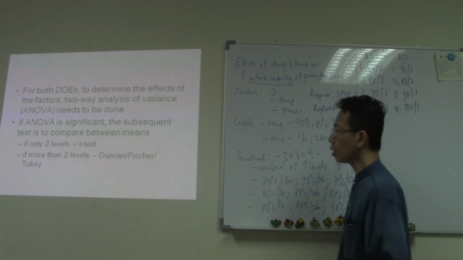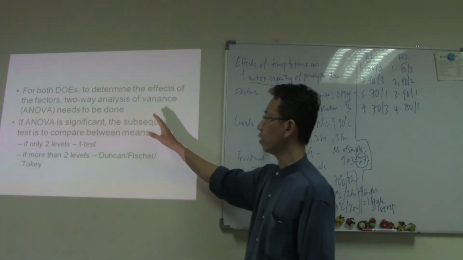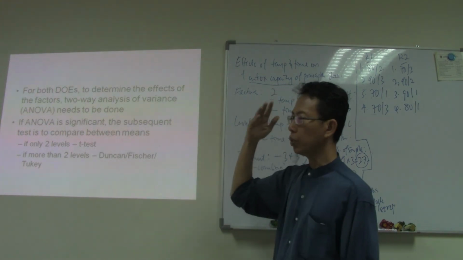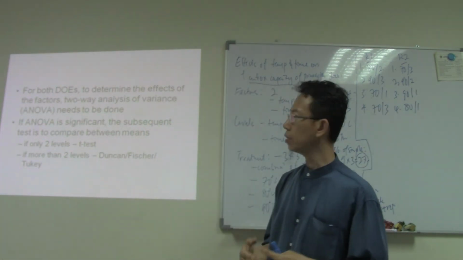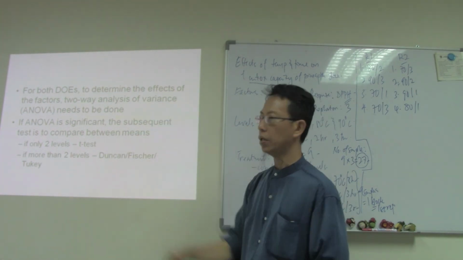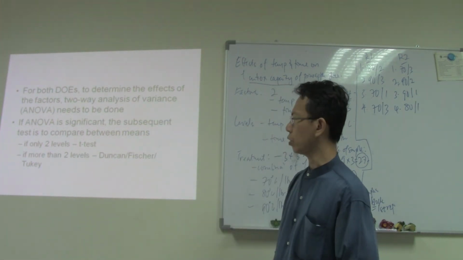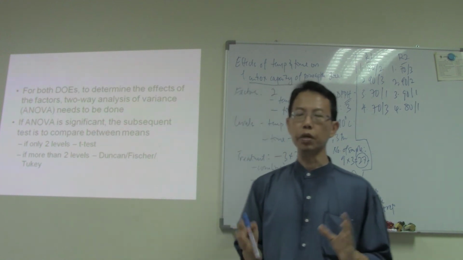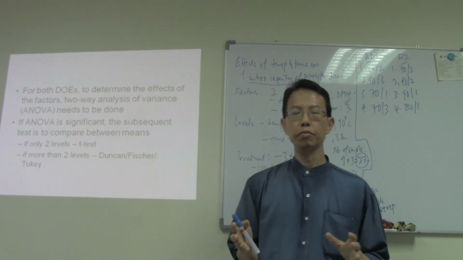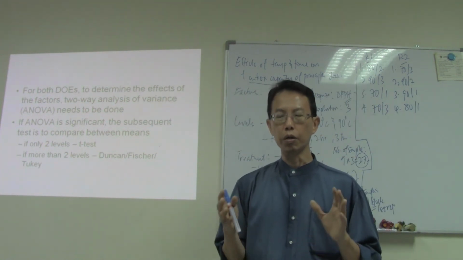So for both designs of experiment, in order for us to analyze it and determine the effect of the factors, we need to do ANOVA, analysis of variance. If it is a one-factor experiment, then definitely we need to do a one-way ANOVA.